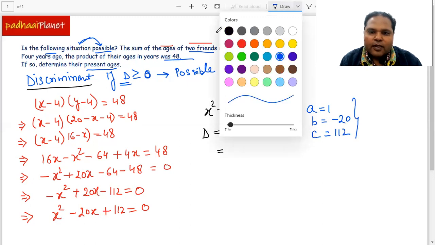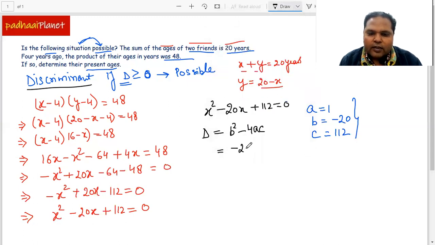So b square, that's my negative 20 whole square, minus 4 multiplied by a, that's 1, multiplied by c, that's 112. That's 400 minus 448, so that's negative 48.